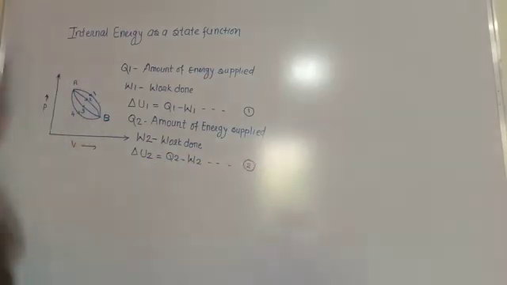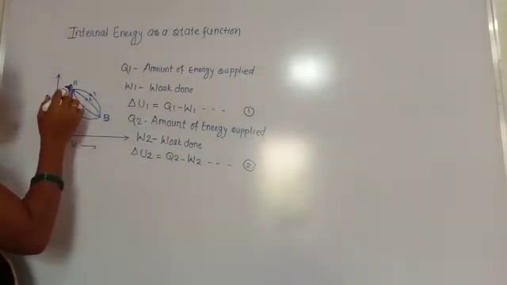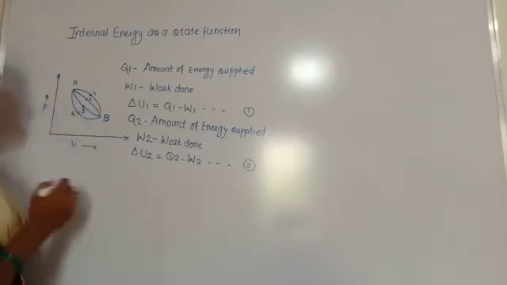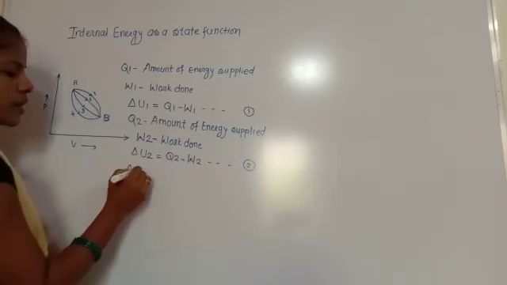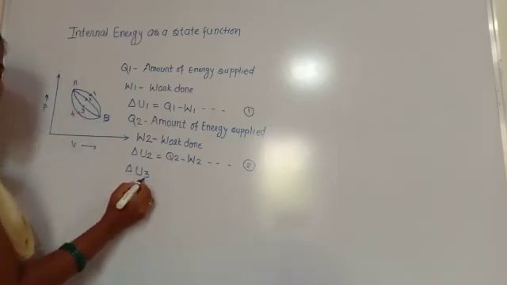In this way, when the system goes from initial state A to final state B through path 3, the internal energy change is calculated with suffix 3.